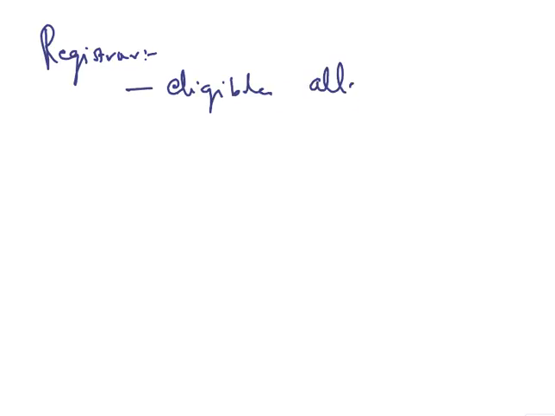And there is a person called the registrar in this issue. Let's see what the role of this registrar is. The registrar finalizes the list of eligible allottees, like which persons are eligible to apply for getting shares from the company in the IPO.